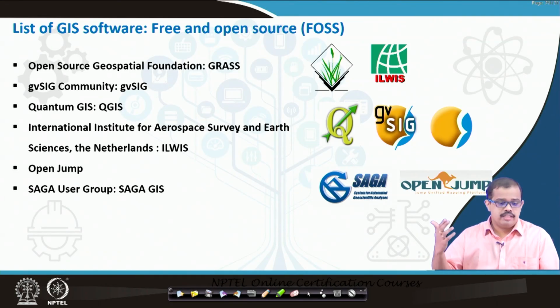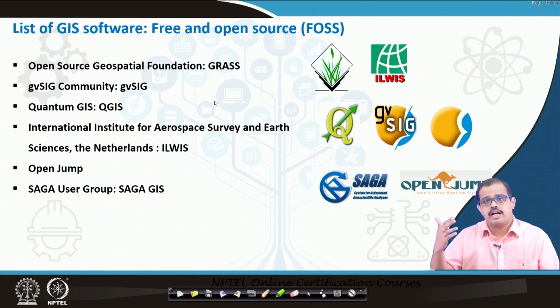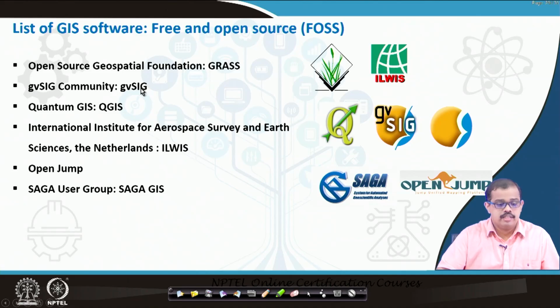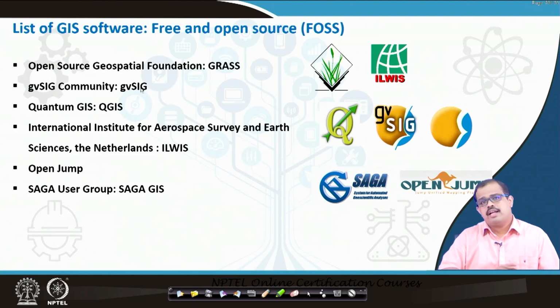The other good software is Geographic, but it is a very close-ended group, though it can be used for various aspects. Quantum GIS is another software which I would recommend everyone to use. It has every capability of any commercial software, anything you name it. Quantum GIS can actually handle.